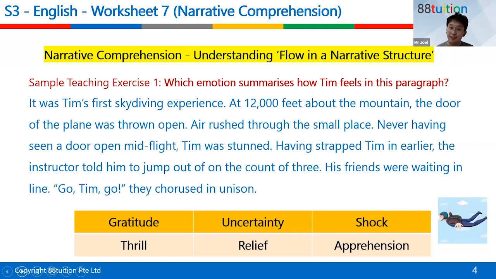So it's quite tricky, right? Because shock and uncertainty can come hand in hand. They're very, very close together. But which one would you actually pick? What's the main emotion that Tim's feeling over here?